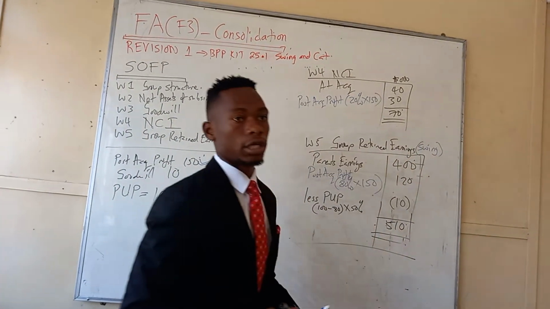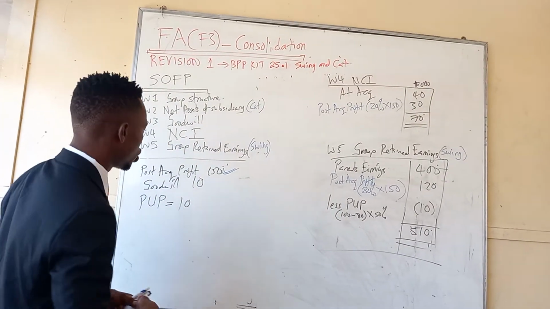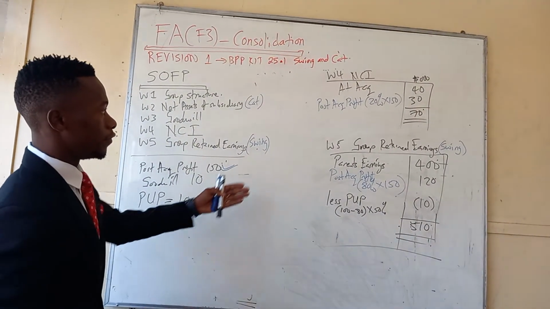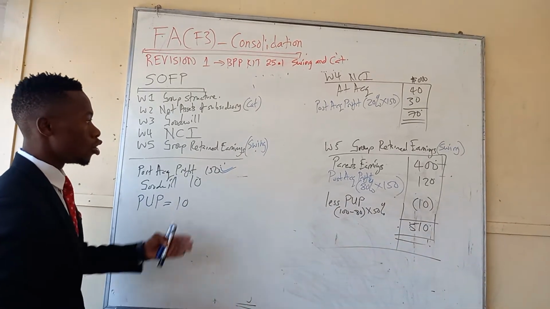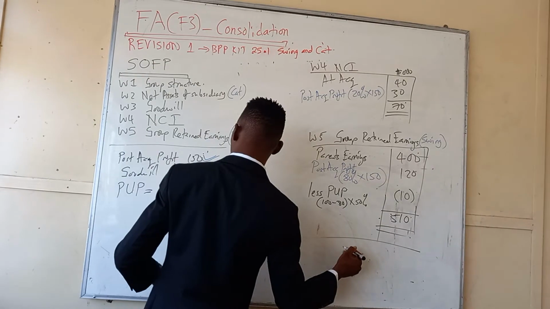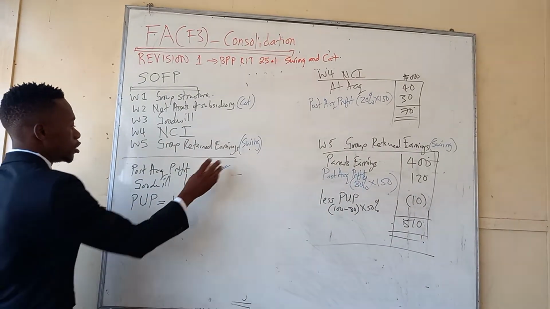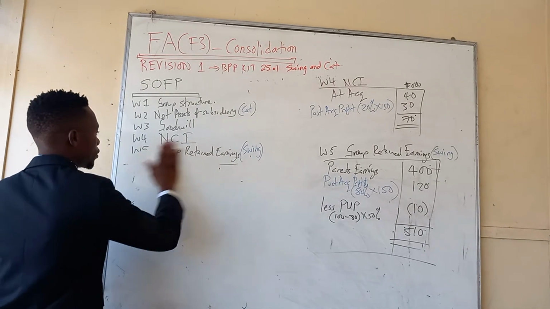The last thing, we are now presenting the statement of financial position. We now have the NCI balance working 4, we have working 5 group retained earnings, we have the goodwill of 10, right? So it's now easy to prepare the financial position.